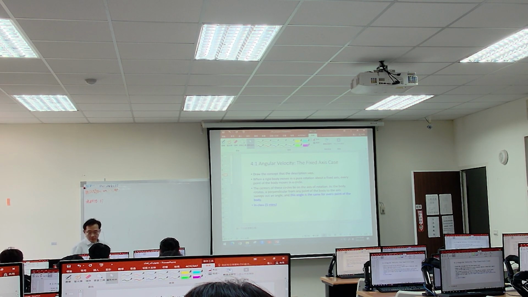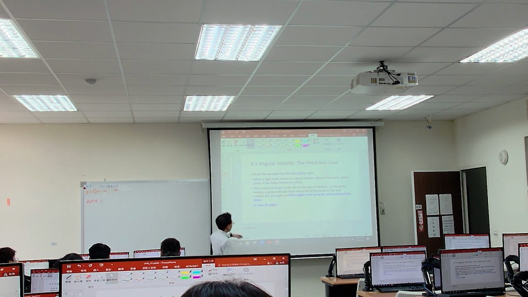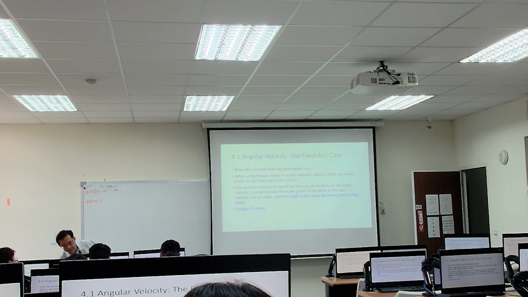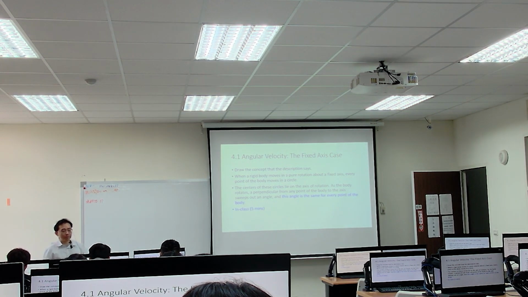Okay. And over here, I will have an in-class activity. Before, I designed a lot of in-class activities for you guys, to see how you can realize what's going on over here. Okay. So first, I would like to ask you to draw the concept described below.